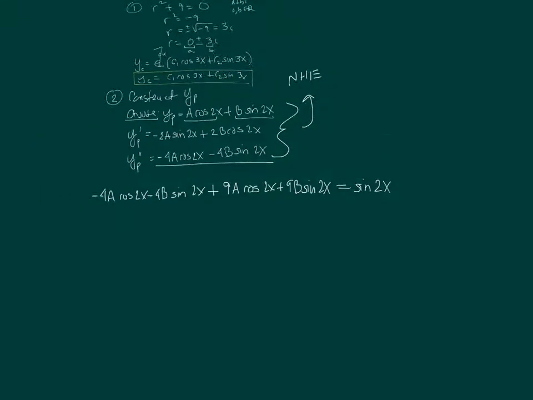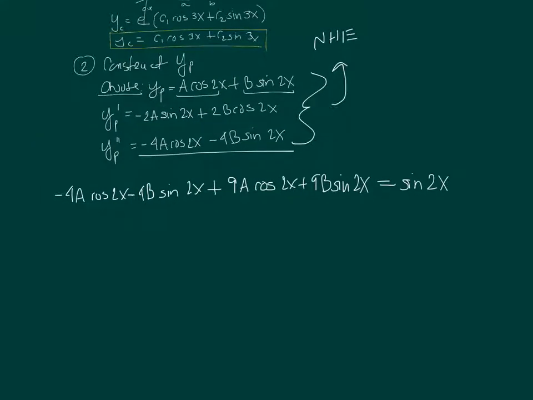Okay, so can we combine any like terms? Collect all the coefficients. We have cosine 2x: 9a minus 4a is 5a cosine 2x.